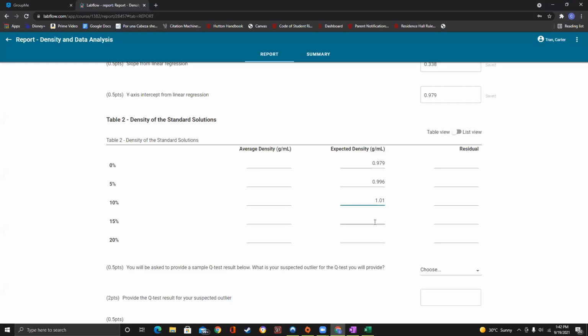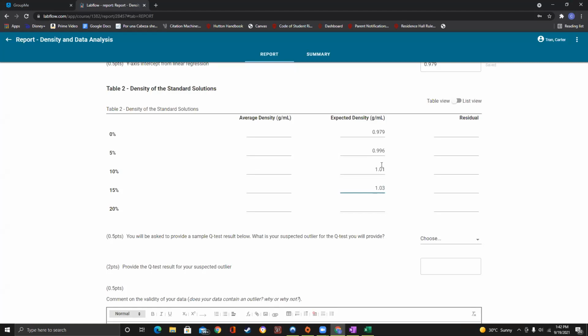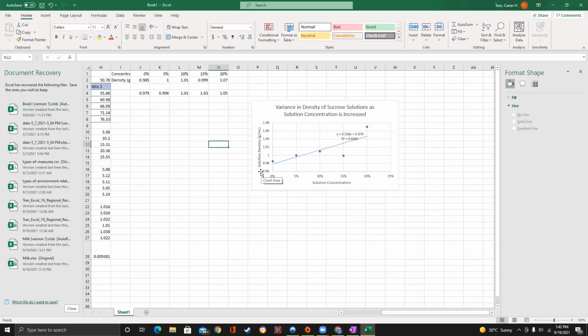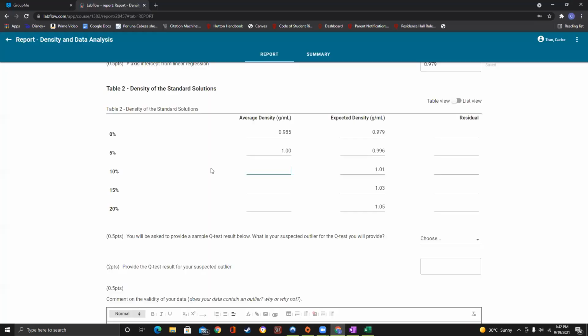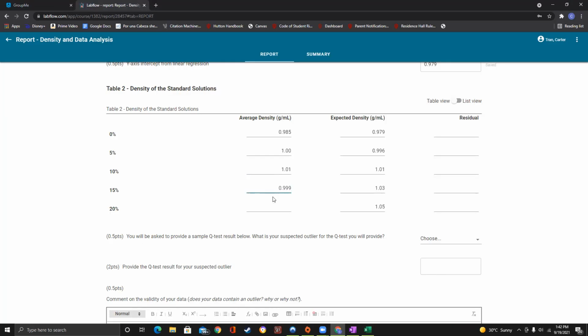So at this point, we're getting into the tricky stuff that lots of people are having questions over. So it's definitely something to pay attention to. 5, our average density, 0.995. 0. And 1. 0.999. 1.7.